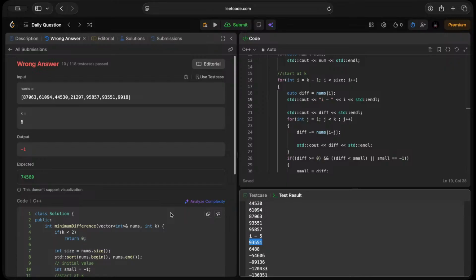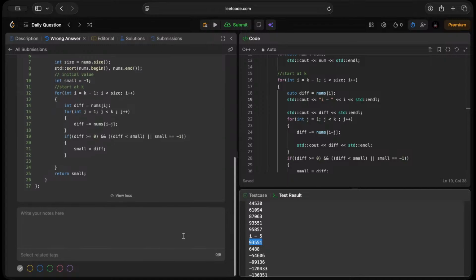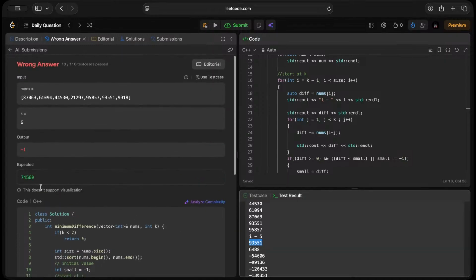So I see we got some broken logic here when we're more than just 2.